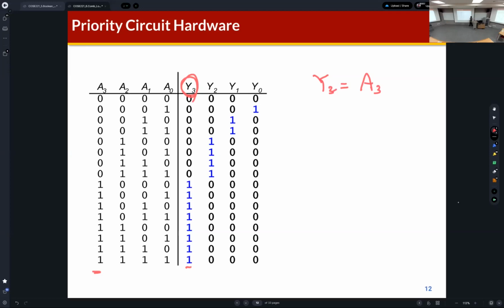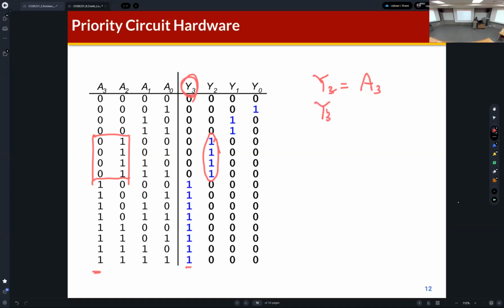And how about Y2? Y2 becomes 1 only in this case, right?